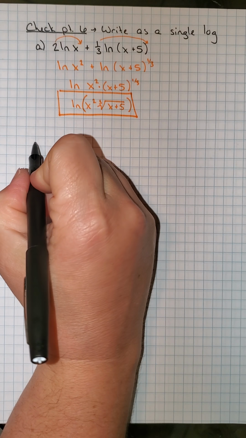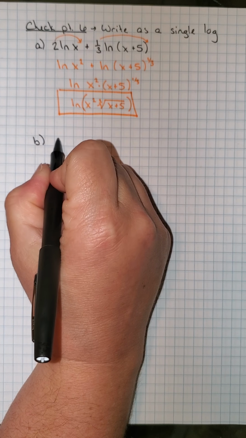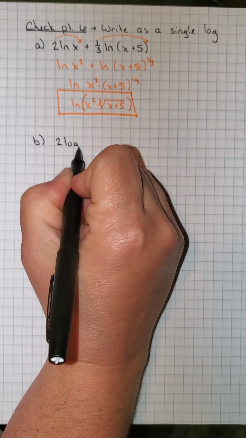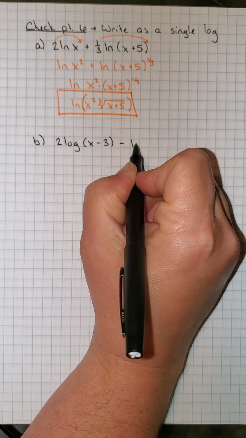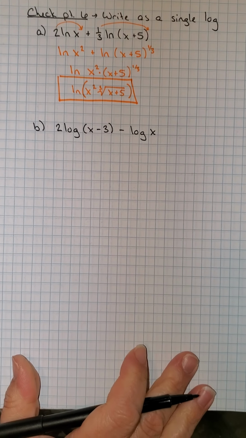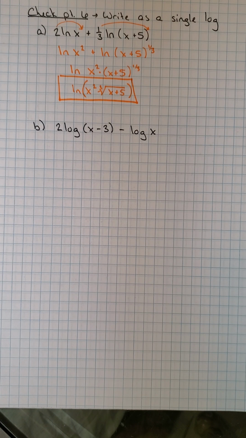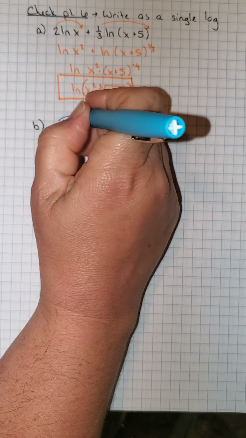All right, and then let's look at problem B, where we have 2 times the log of x minus 3 minus the log of x. So 2 logs with a minus. We have a power here.